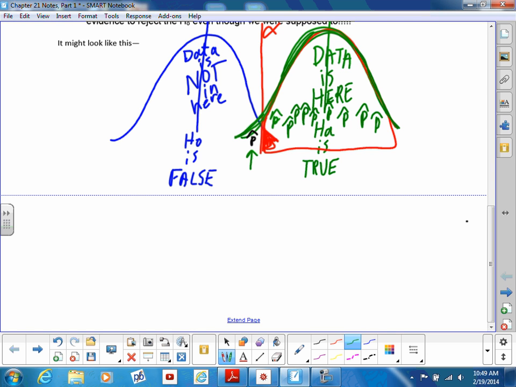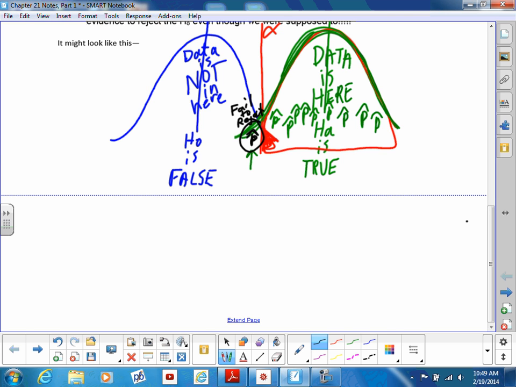It was statistically unlikely, but it happened. And if a sample is located here on the inside of the alpha, what is your decision then? You failed to reject. It's close enough to the null, and with this sample here, you would fail to reject. Well, guess what? That's bad. You were supposed to have rejected it because it's false.